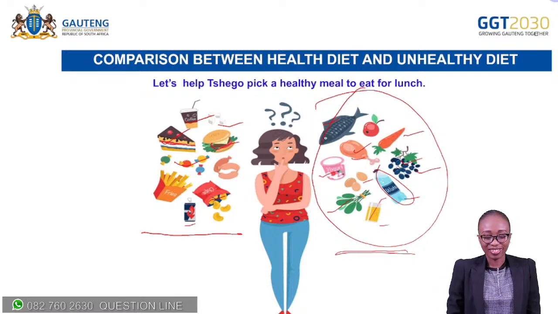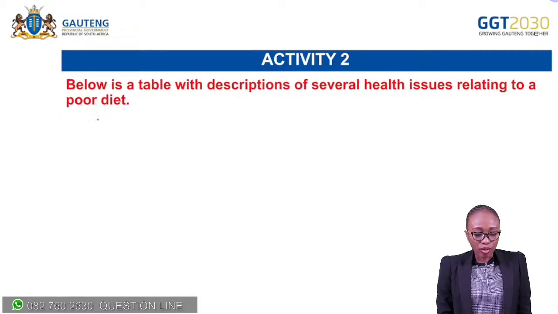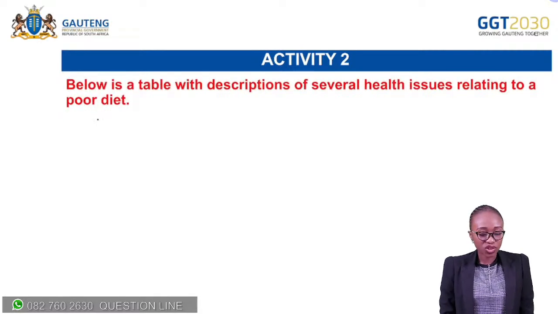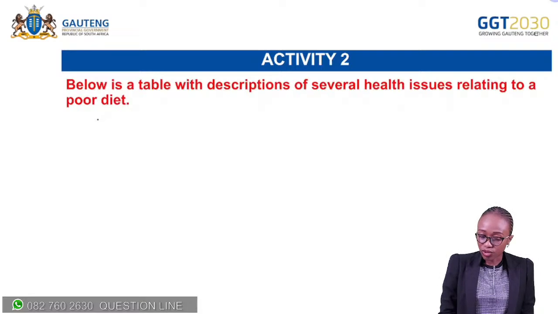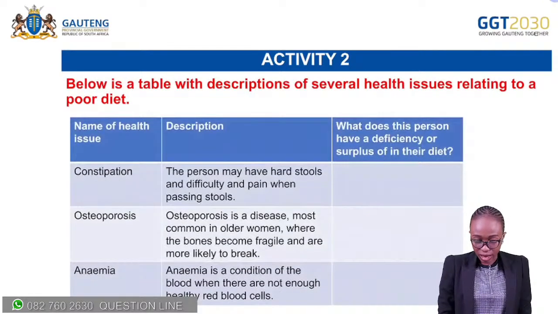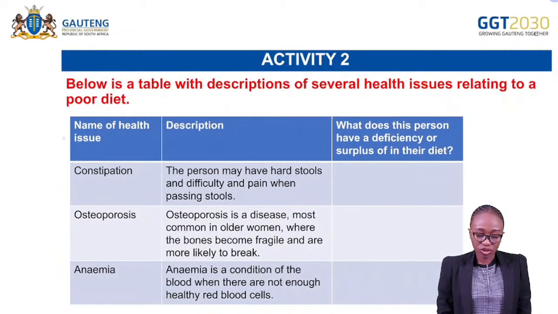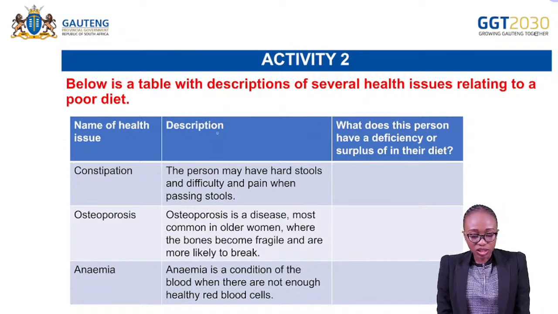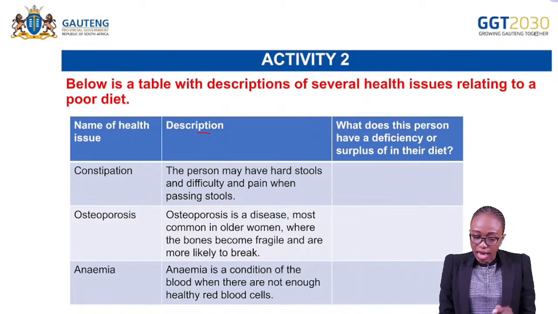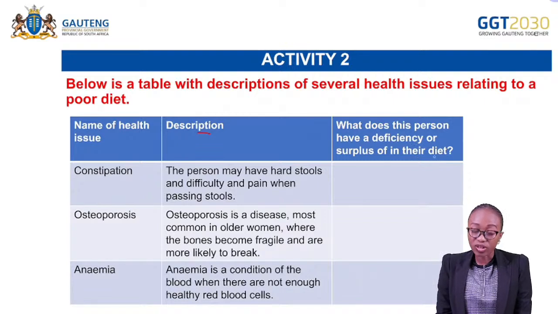Let's move on. Let's do an activity. So below is a table with descriptions of several health issues relating to poor diet. So there is the table there. So here on this column we have the name of the disease, which is the health issue, the description of the disease, and here we're supposed to fill in what this person has a deficiency or surplus of in their diet.